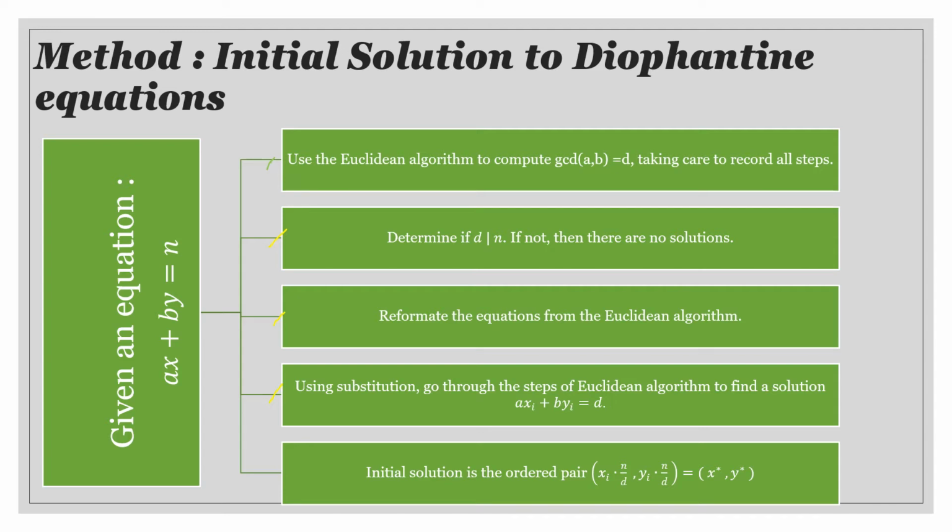Now using this xi and yi, we can find the initial solution, which will be x star, y star, where x star is xi times n by d and y star is yi times n by d. So this ordered pair will be the initial solution for my Diophantine equation. Whenever we want to find the Diophantine solution, we have to follow these steps.